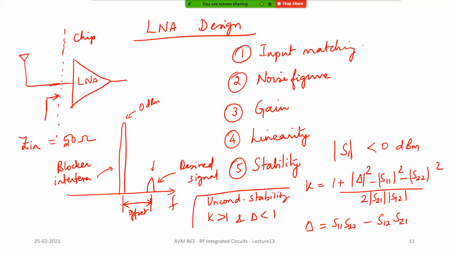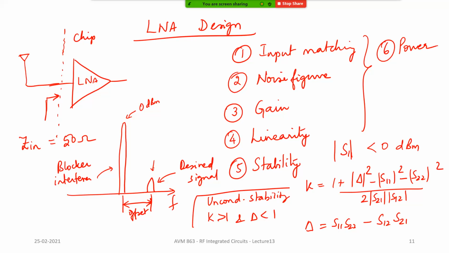Now, all these things put together, you will have a power budget. Typically your low noise amplifier will consume a lot of power. If you look at an entire receiver, the majority chunk of power will be consumed by your LNA, and the other blocks will all consume less: mixer power, baseband filter, ADC power, variable gain amplifier.